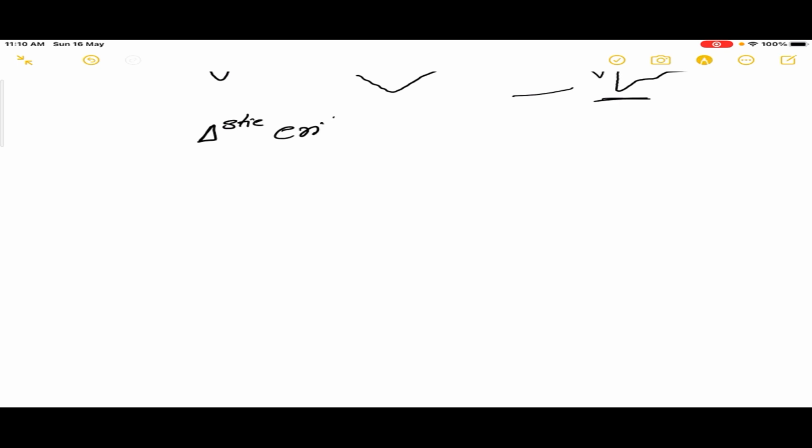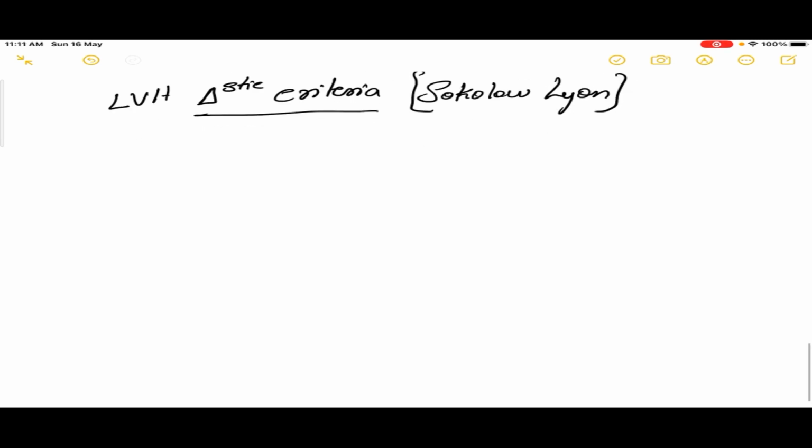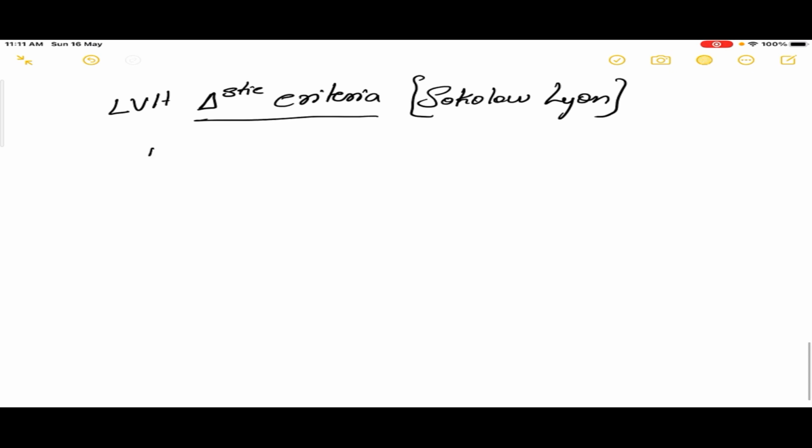The diagnostic criteria for left ventricular hypertrophy are based on the Sokolow-Lyon criteria.